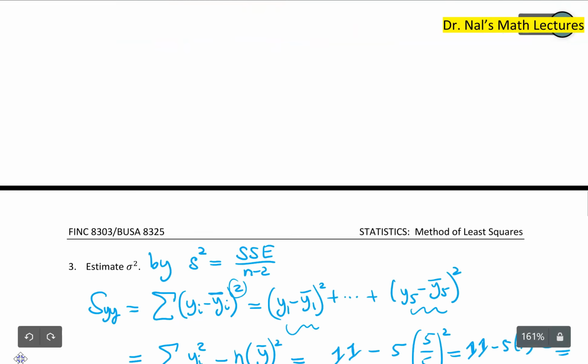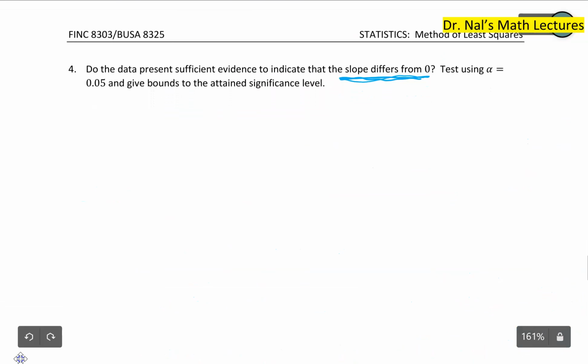And so there we go. Question 4. So we need a hypothesis test, right? Our null hypothesis is that beta 1 is equal to 0, and for the alternative, we are suspicious that it is significantly different than 0, not equal. Why?